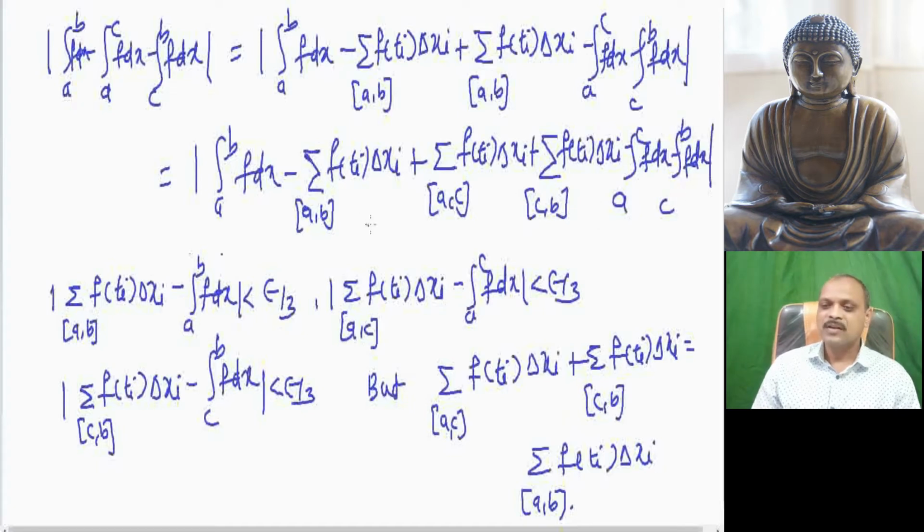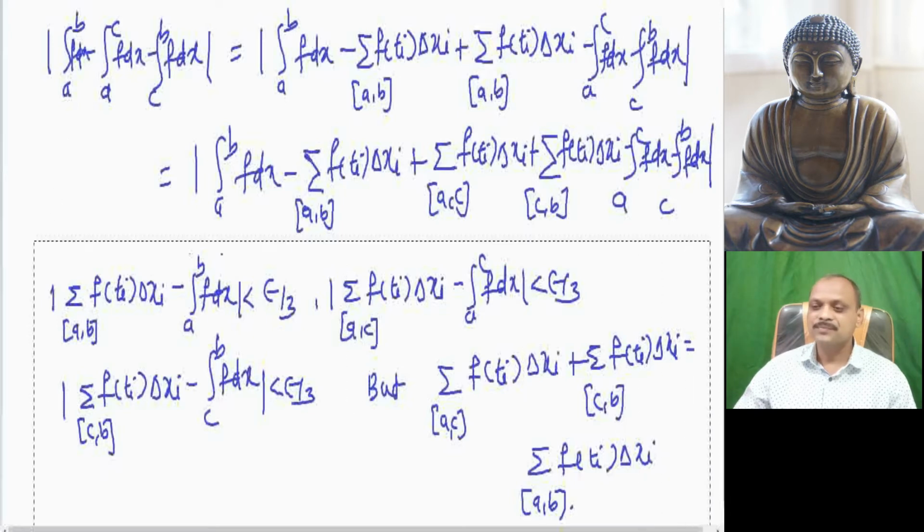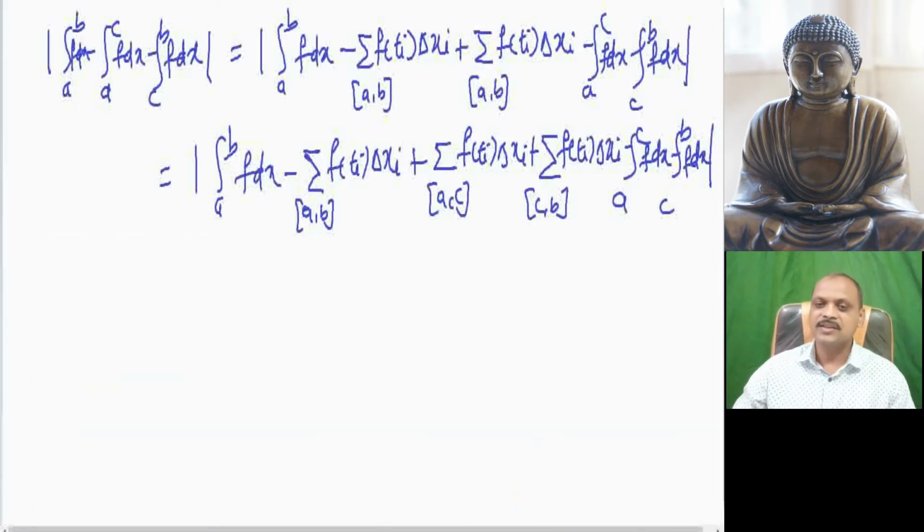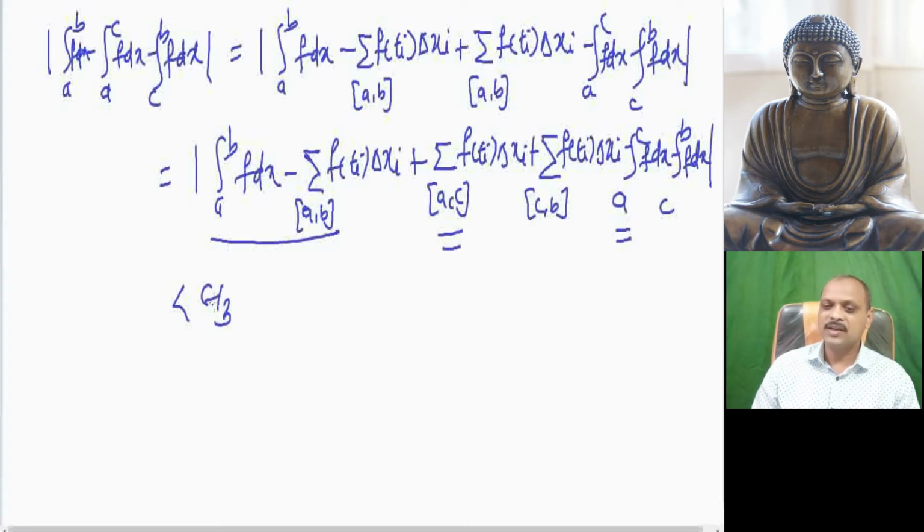Okay. Now separate each integral. If we separate each integral, we have already taken these values less than epsilon by 3, epsilon by 3 and epsilon by 3. So the first term is less than epsilon by 3, this one is less than epsilon by 3, and this one is also less than epsilon by 3, and this is nothing but epsilon.